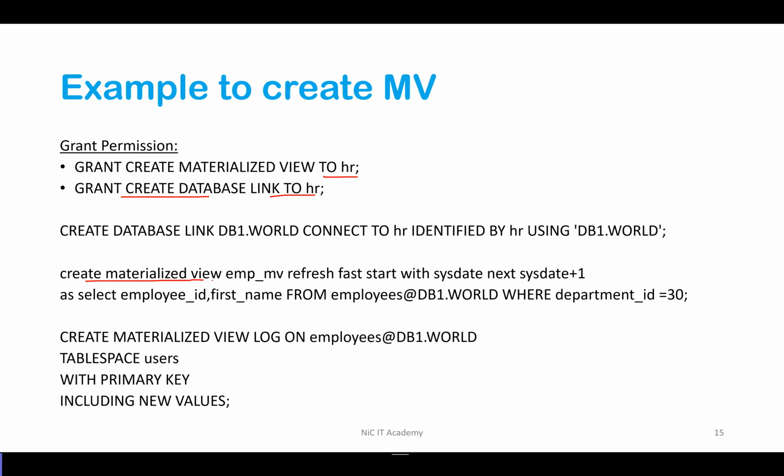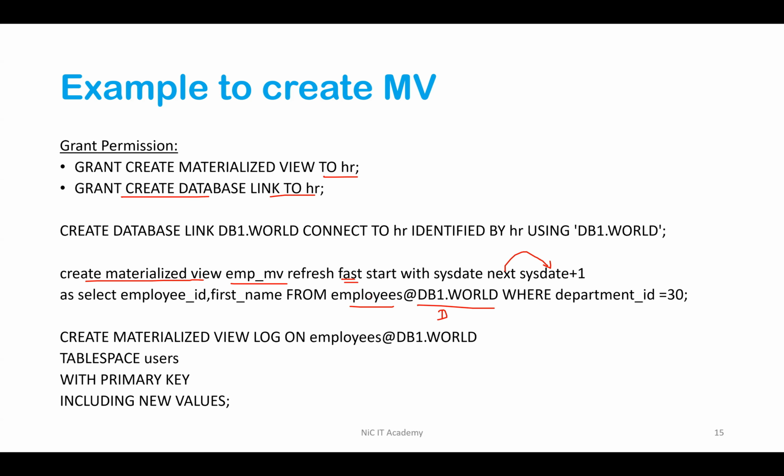Okay, so this is the create. If you see here, create materialized view, view name, refresh fast, start with sysdate. Next one is sysdate + 1. That means this is a daily refresh. You are doing a fast refresh, which means the materialized log should be created automatically. Then select all from this table from this one, what is this db1.world? This is nothing but a db link.